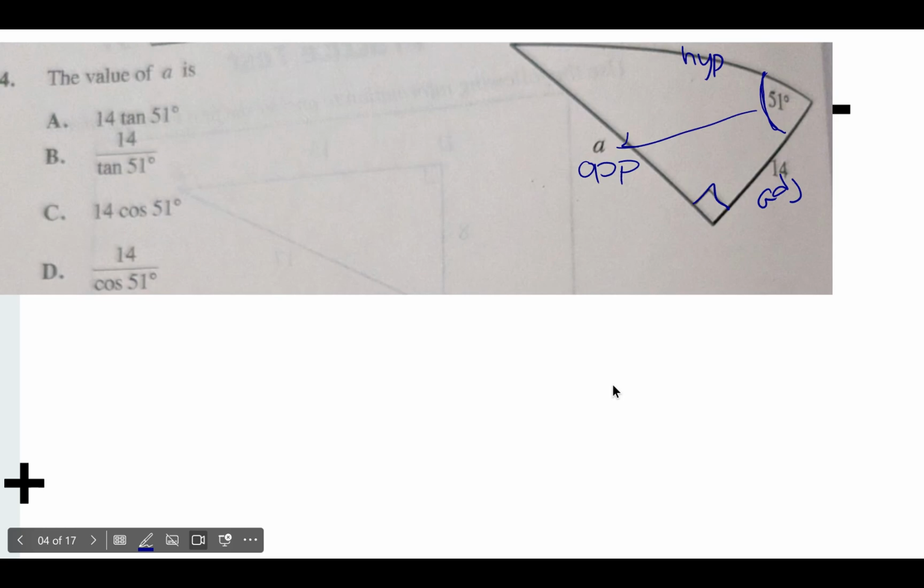So if I want to find side A, I need to set up a ratio with the side you have and the side you want to know. That's opposite and adjacent. So if you're looking at SOHCAHTOA, which you can write down every time, the ratio that has opposite and adjacent is tan.